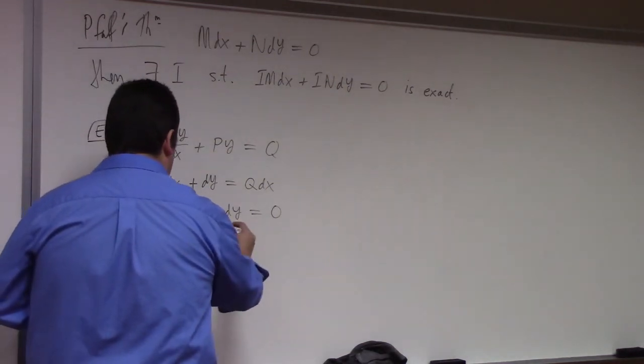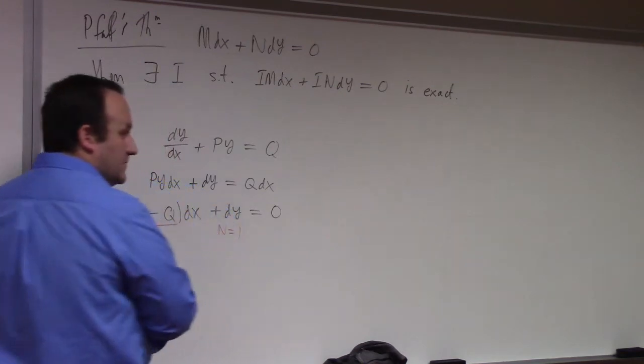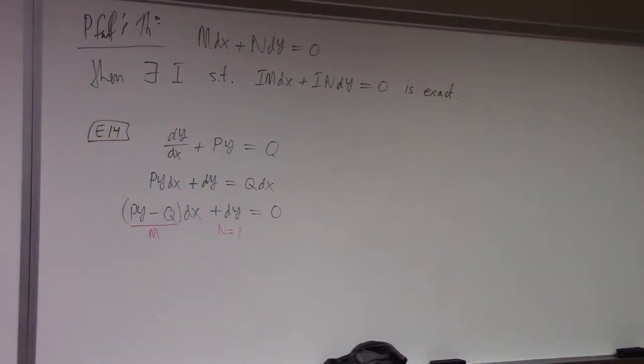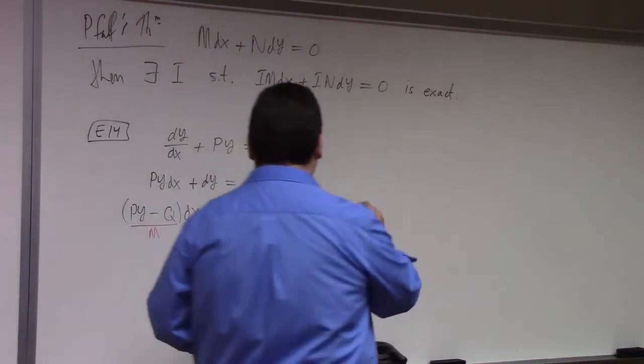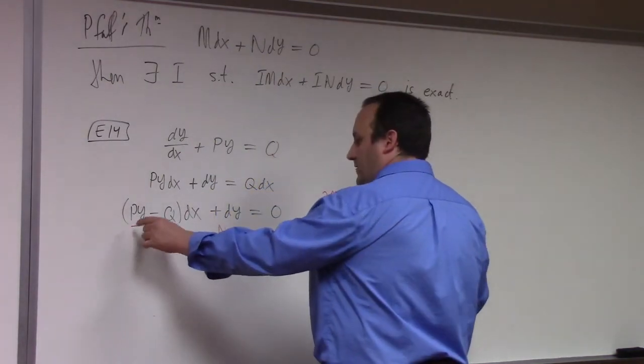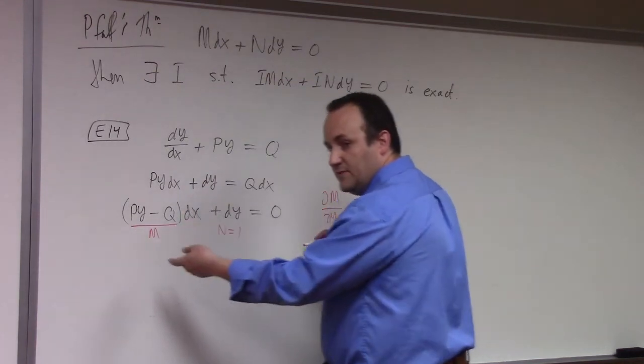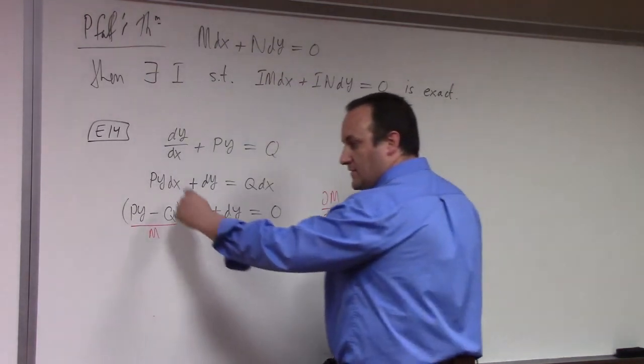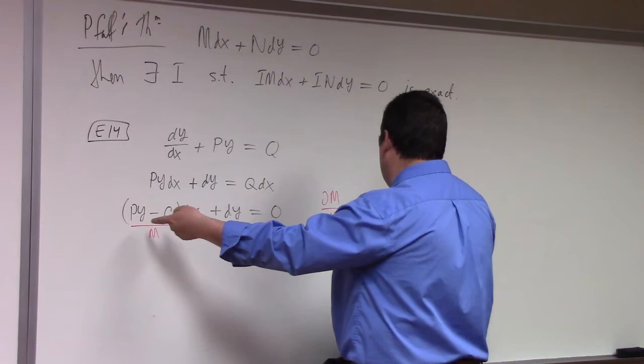Here's my m, n is equal to 1, right? So what's partial m partial y? p is a function of x, q is a function of x, right? So partial differentiating that with respect to y just gives me p.